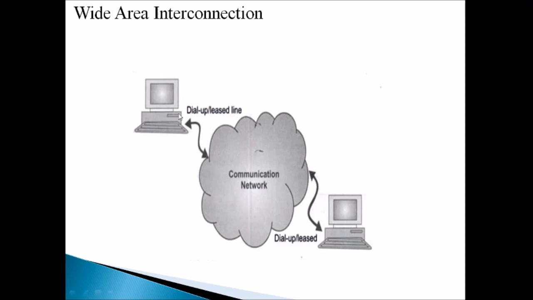Here it may be either dial-up or leased line. Those who have access to this internet connection can share their documents over the network. This is one trading partner, and this is another trading partner. These two may have the leased line to access the network, and when they are ready to exchange their documents, they can exchange through the network.